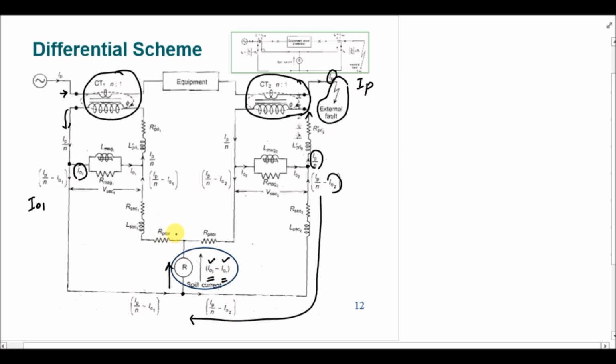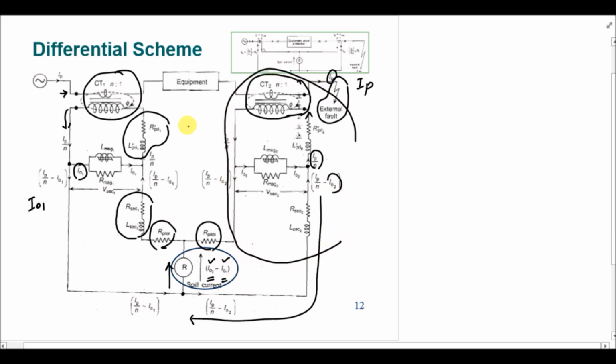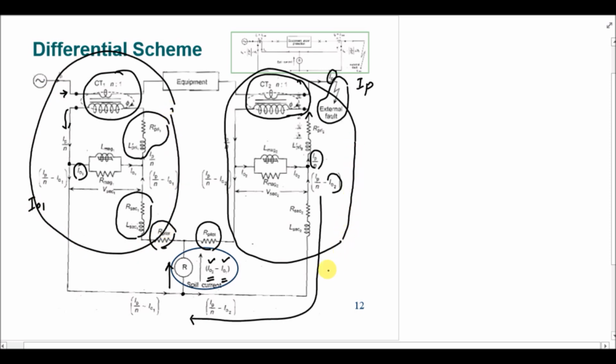And after that, this is the pilot resistance, and these are the resistances of primary and secondary windings. And this part of the circuit is actually the replica of this portion of the circuit. So from this explanation we get that through the relay we have a spill current that is actually the subtraction of the magnetization branch currents of two different CTs that are applied in the differential scheme.